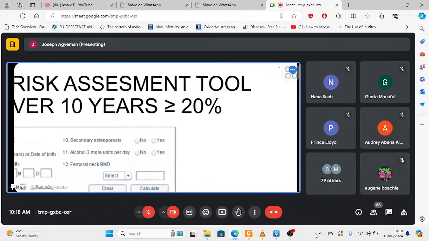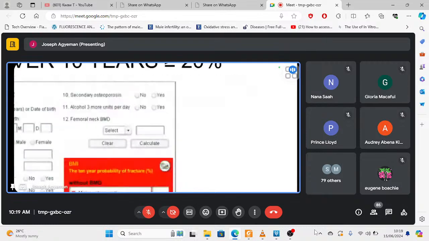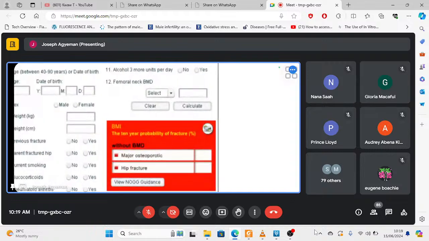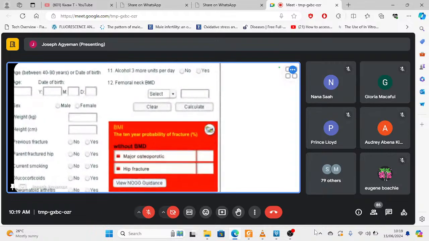You can see secondary osteoporosis, if you have ever suffered it. Alcohol intake, if you are taking an excessive amount, and your bone mineral density. So you input all of those things, and it will give you the calculation, and that will be compared to the mean of somebody at your age, your sex, whether you're male or female, and your ethnicity.